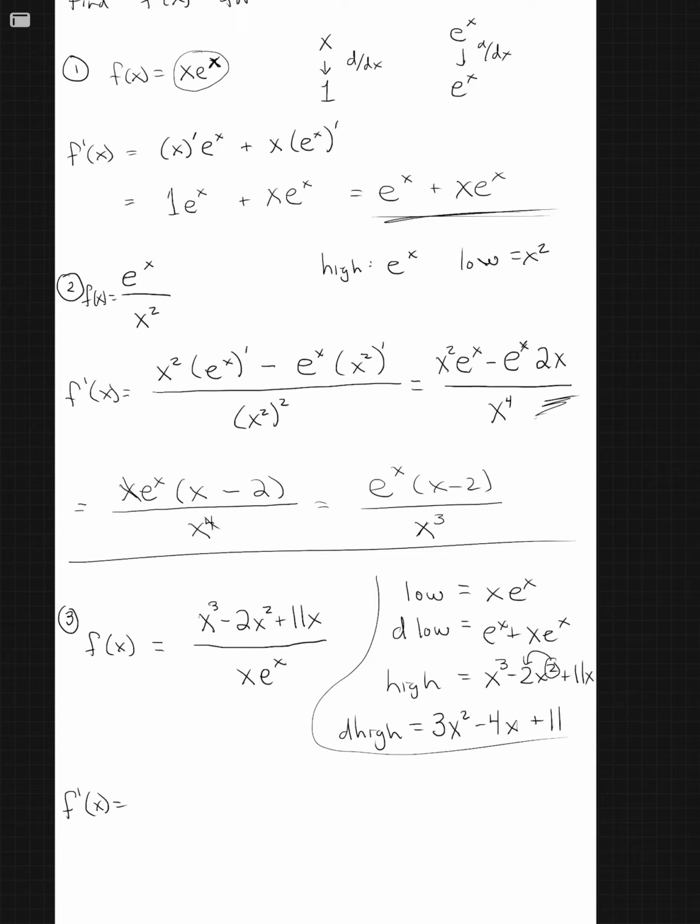Right? So, if we make ourselves a little cheat sheet over here of all the pieces, we don't necessarily have to go through all the steps that we did here.